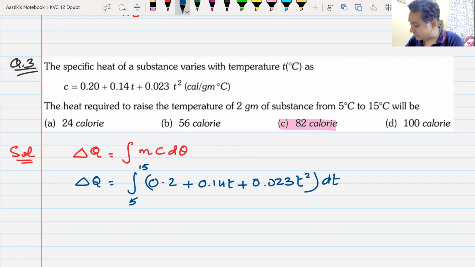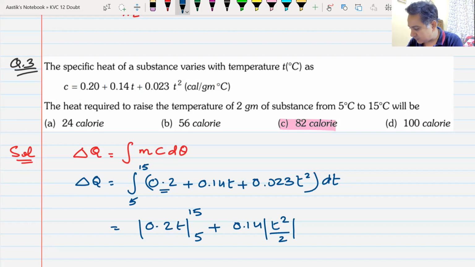We just integrate this and we put the limit. So integral of 0.2 will be 0.2 t. I will put the limit. I understand that it will take time for you to calculate this. I can't help it. This is a question from one of the JEEs. t square by 2. Put the limits. They were only checking whether you know to integrate and put the values.